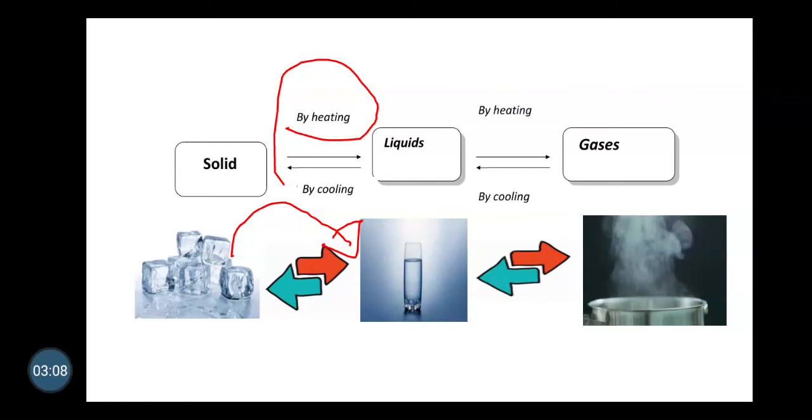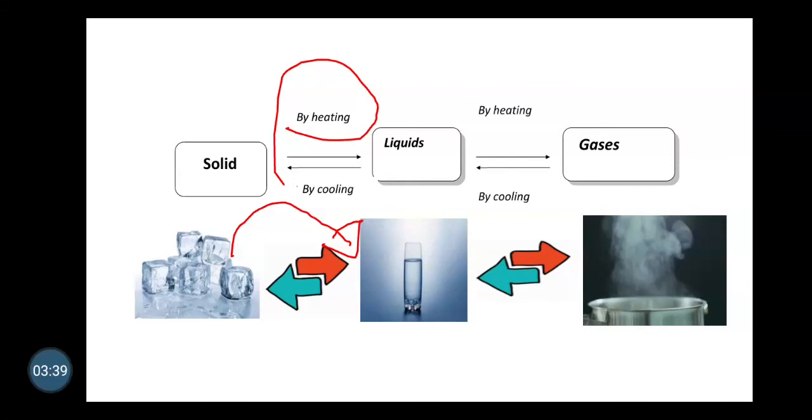Now the fourth experiment. We have liquid water, and we put it in the freezer. We will find the water freezes, which means it changes from the liquid state into the solid state. Does this happen by heating or cooling? By cooling, because I decrease the temperature.